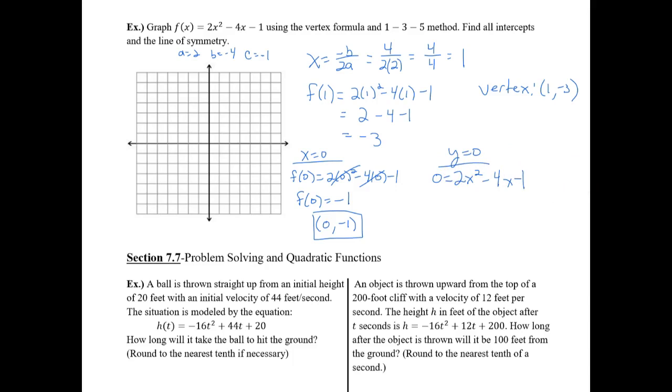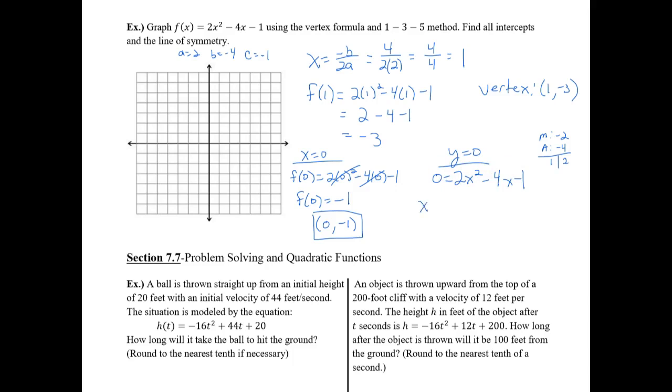So we want something that is going to multiply to -2, but add to -4. Well, the only factors of 2 are 1 and 2, and there's no way to make those add up to 4. So this one is not going to be factorable. Okay? So if it's not factorable, we have to use the quadratic formula. So again, that's our backup plan. You could also complete the square. I find that most students prefer the quadratic formula.